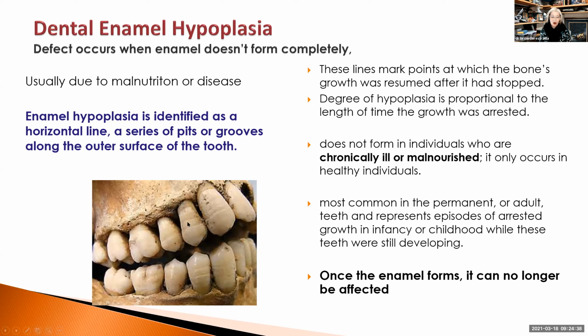So this is off and on growth. But once the enamel forms, it doesn't change in this pattern anymore. So this is telling us about what happened when this person was a baby, if these were their baby teeth, or when we see it in somebody, when these teeth emerge or come out, right?